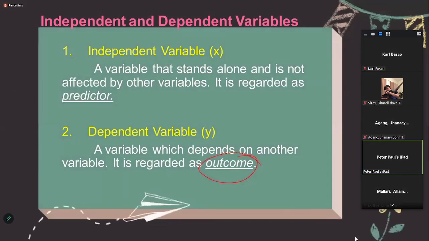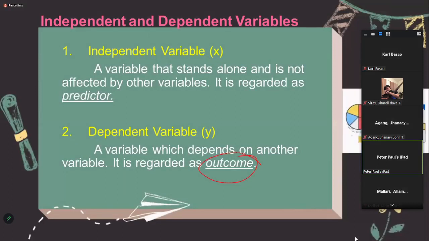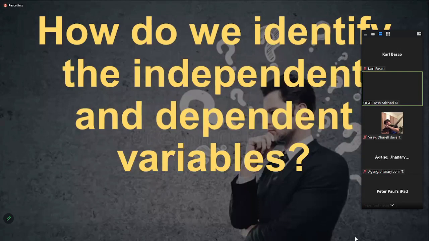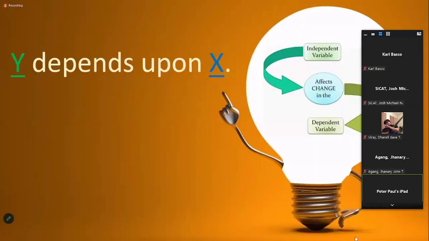So the dependent variable y depends on the other variable, which is the independent variable. So how do we identify the dependent and the independent variable? Halimbawa, y depends upon x. Basta nandyan si independent variable, meron siyang effect dun sa dependent variable. Ganun siya.